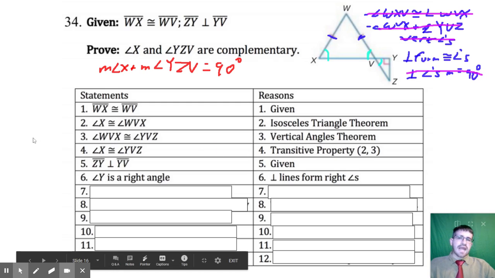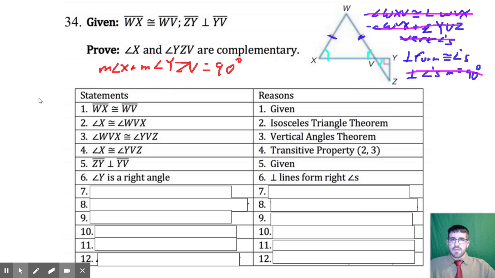So this gives us another angle measurement, and we're getting really close to showing that these are complementary. But now, where do you go from here? It's not that obvious at first. So we're like, okay, well, we have a hypotenuse leg. Maybe we want to use hypotenuse leg here.